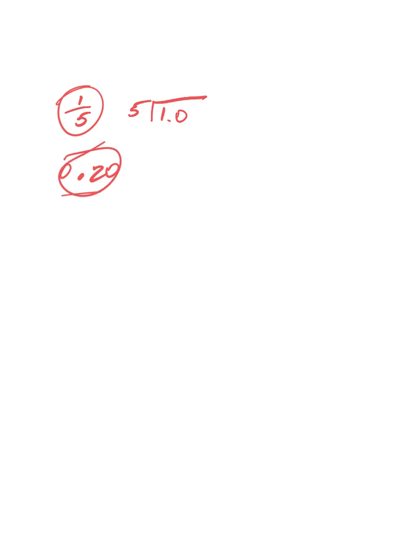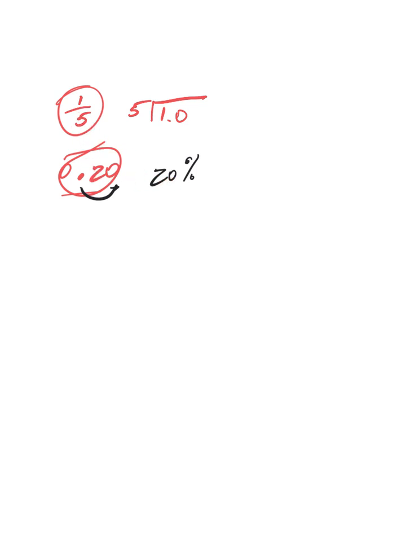And if you want that as a percent, then just like we did in skill number 1, we move the decimal over 2 to the right, and it becomes 20%. So 1/5 is the same as 0.20, which is the same as 20%. So 3 ways to write that fraction.